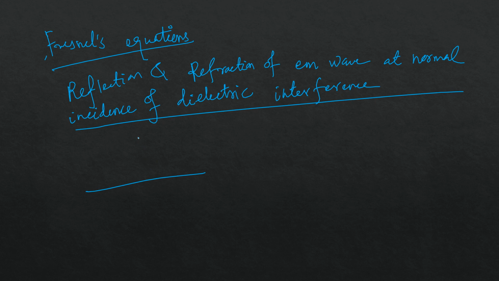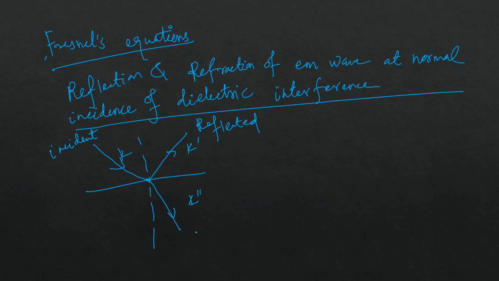So this is the interface, light coming in, reflected, refracted. K, K dash, K double dash. This is the incident, reflected, and this is your refracted. This is your permeability mu1, permittivity epsilon 1, permeability mu2, epsilon 2.